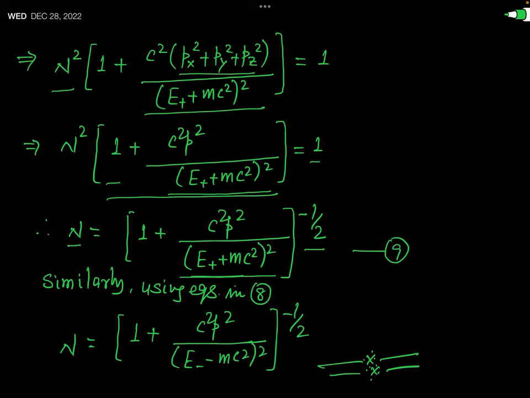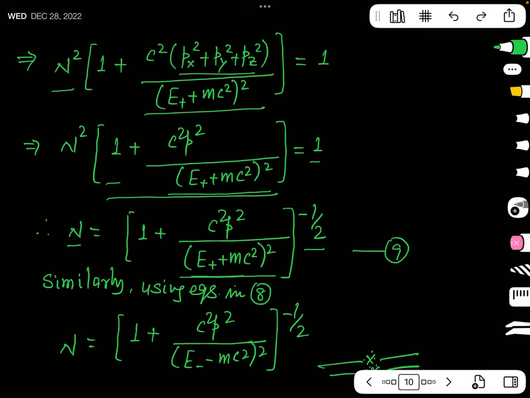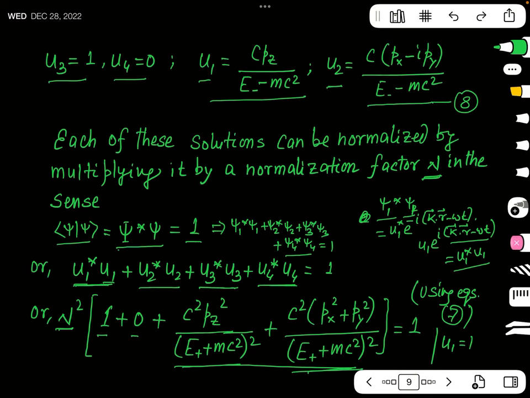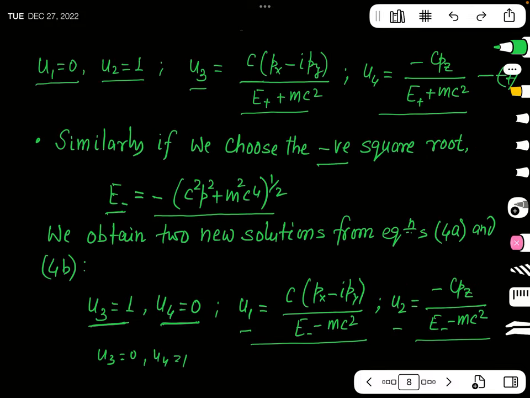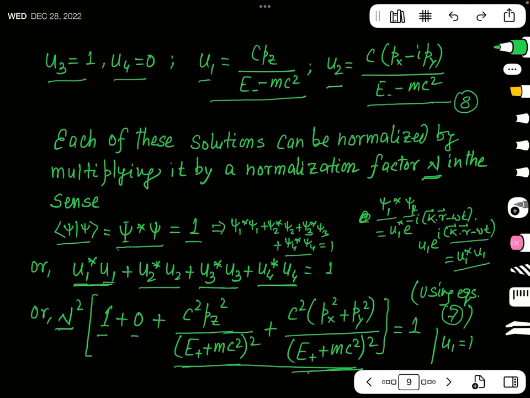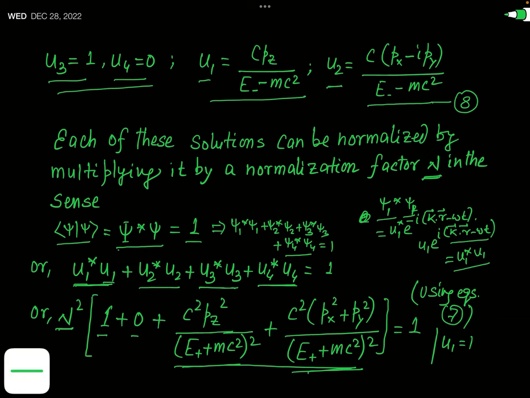In the same manner, we can obtain the normalization factor for the solutions in this equation. When you take this set of values of u1, u2, u3, again you will get the same solution.